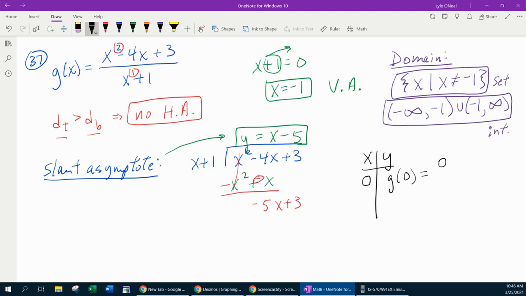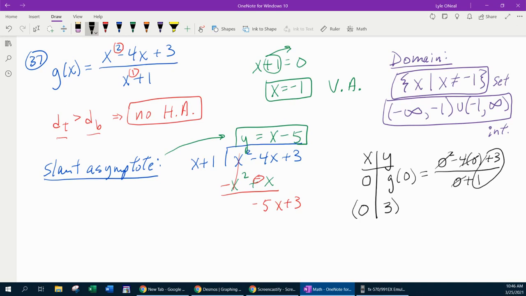So if I show the work, that would be 0 squared minus 4 times 0 plus 3 all over 0 plus 1. And the zeros all go away, leaving us 3 over 1, which is 3. So there is our y-intercept.